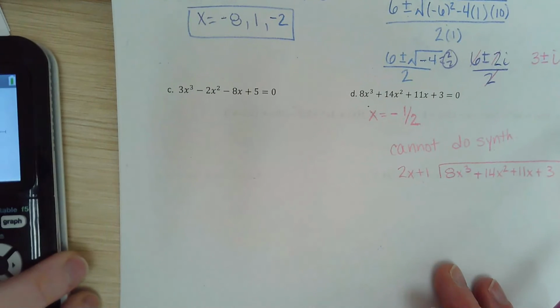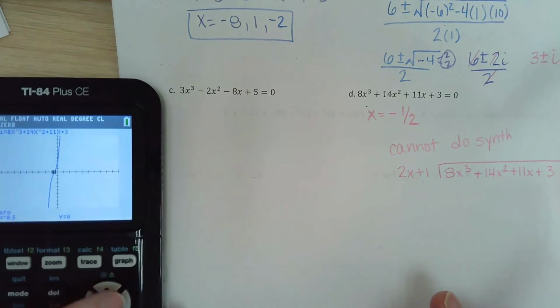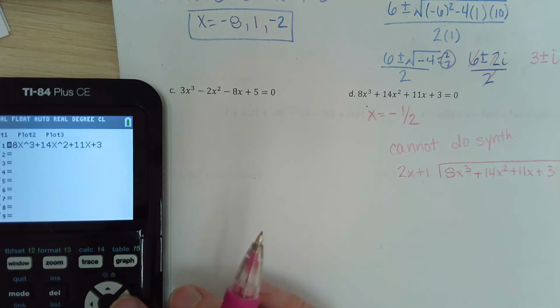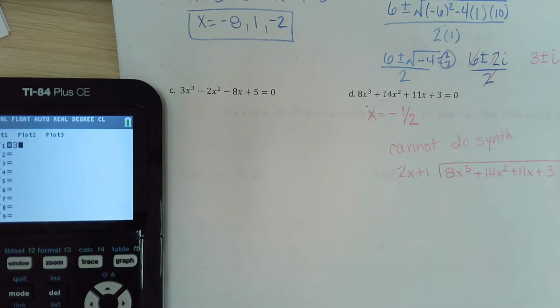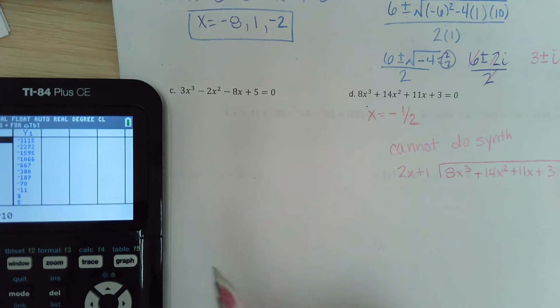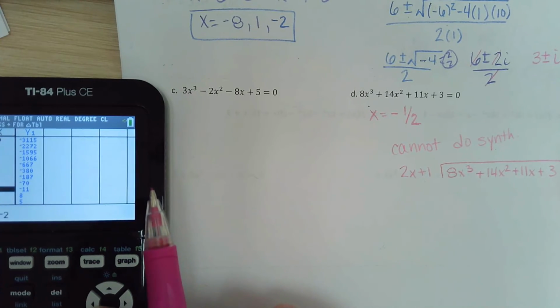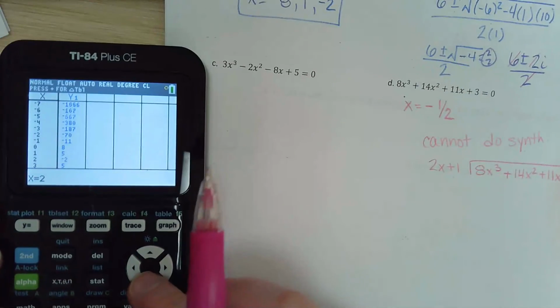Alright, let's look at this one here. Go to y equals, so I'm going to change this to 3x cubed minus 2x squared minus 8x plus 5. And I'm going to go to my table. Once again, I can't see anything on my table.